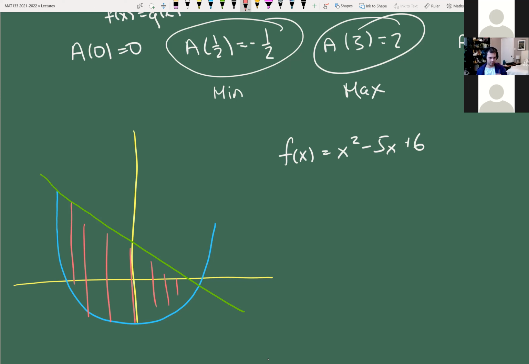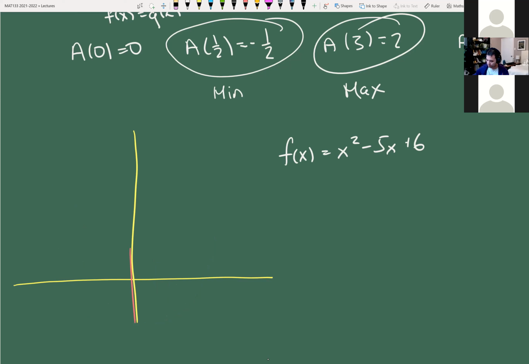Does that make sense, Kelly? Do you see that that's true? To help convince you of that, let's do a really easy example. What if one function is y equals 2, and the other function is y equals -1? The y equals -1 function is beneath the x-axis, so that area should be negative.